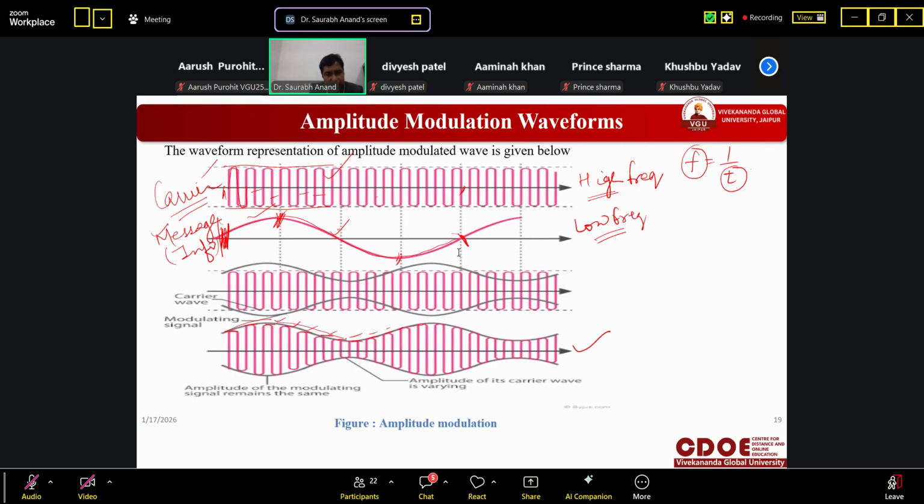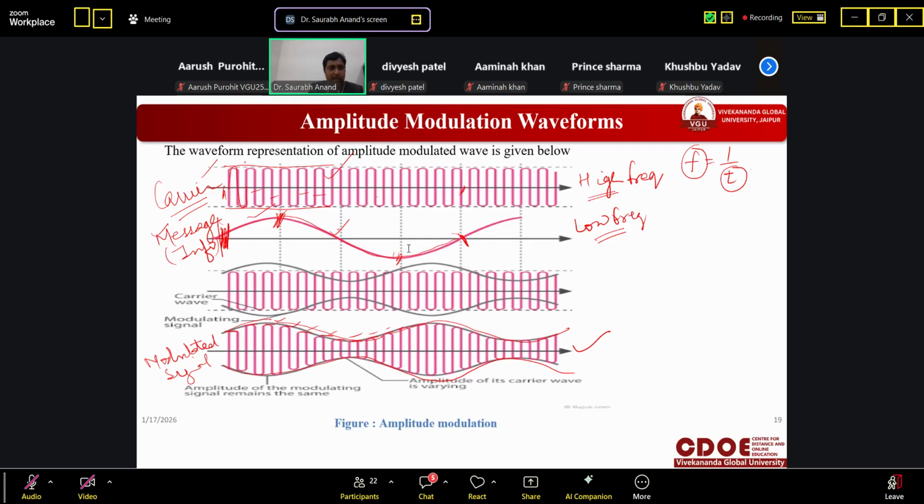After that, it increases, then decreases. It will increase or decrease in both directions, positive as well as negative. So this is the modulated wave, after modulation.